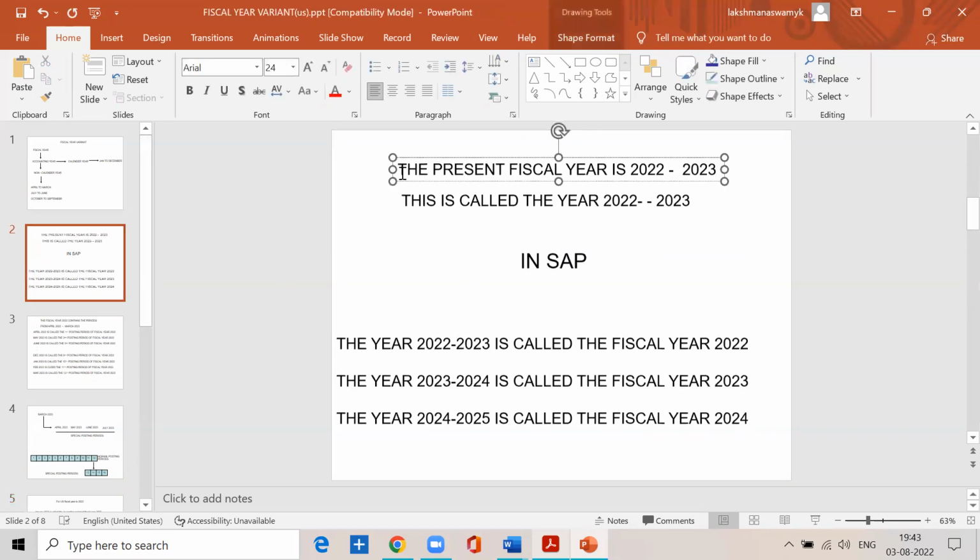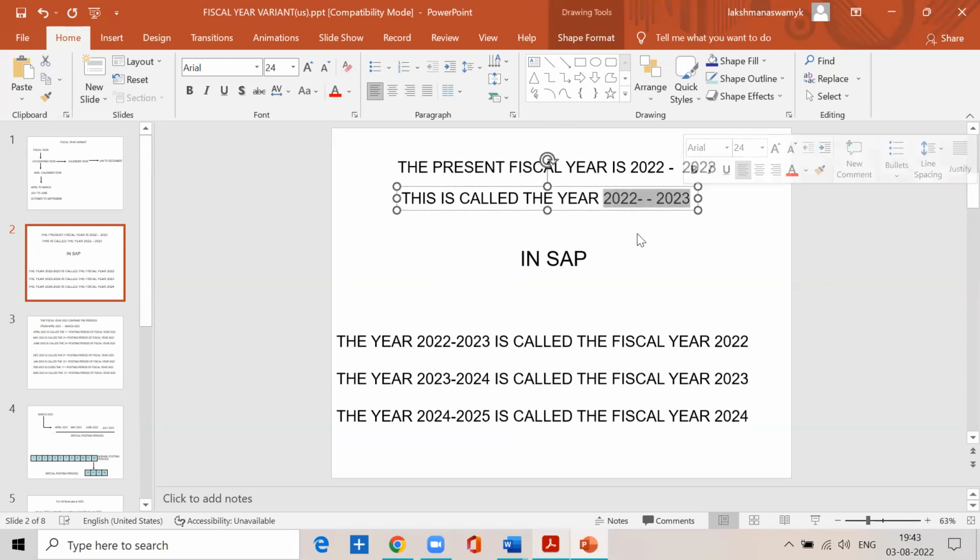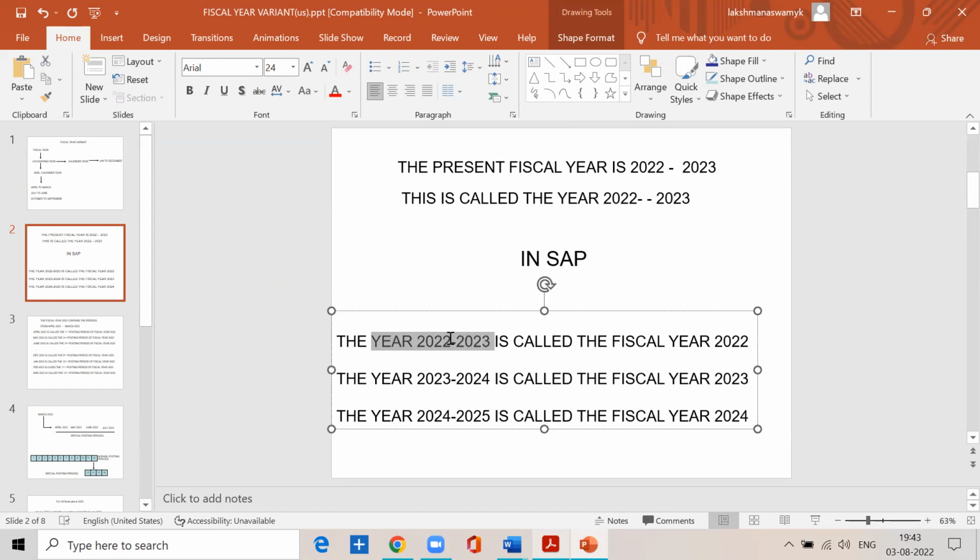So in India, the present fiscal year is 2022 to 2023. That means it starts from April 2022 and ends with March 2023. Normally this is called the year 22-23. But in SAP, the year 2022-2023 is called fiscal year 2022.